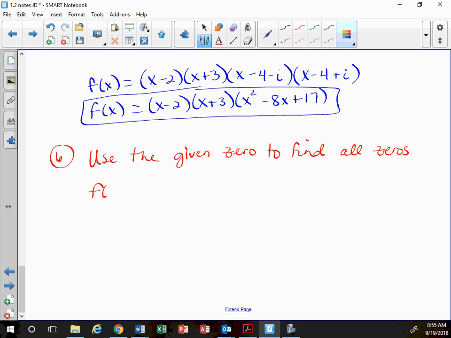Okay, so your f of x is 2x to the 5th plus x to the 4th minus 7x cubed plus 21x squared minus 225x plus 108. So how many zeros are we going to find? Ooh, okay. And it gets even better, guys. The 0 I give you is 3i. Okay?